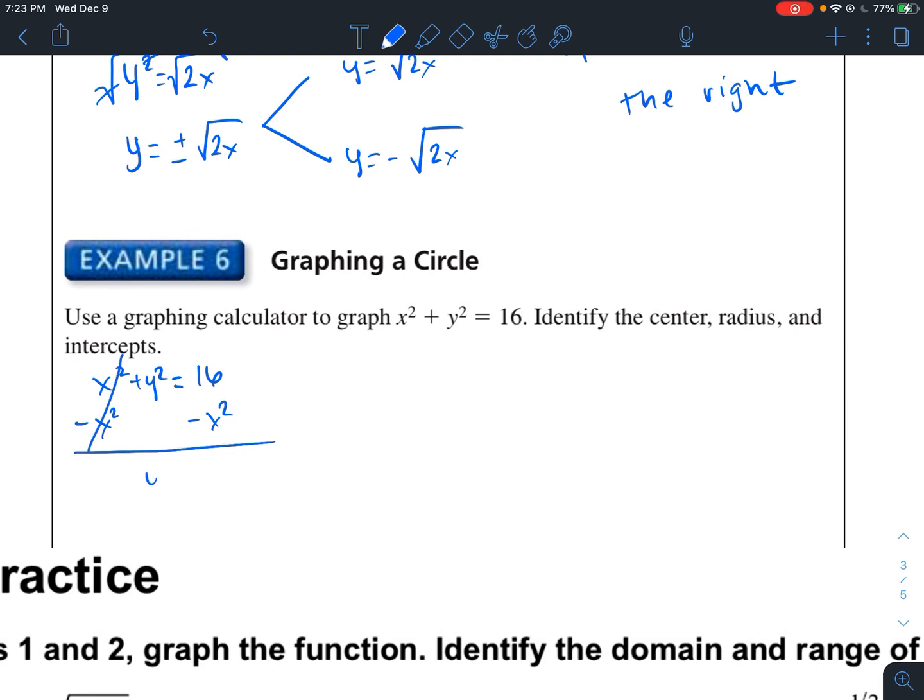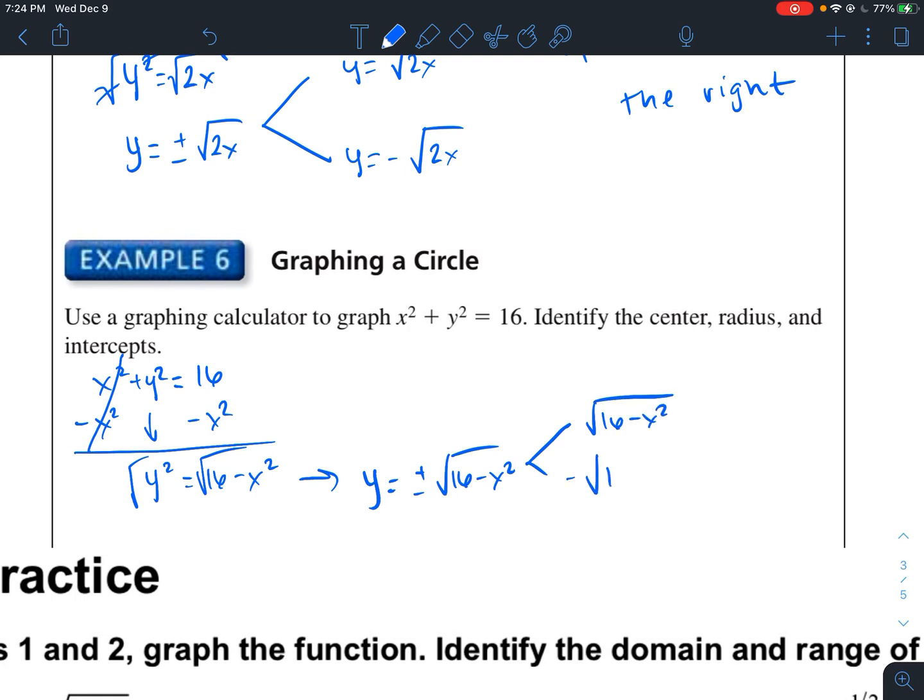Here they'll cancel, and I'll be left with y squared equal to 16 minus x squared. Now I can take the square root of both sides, remembering that I get both positive and negative when I take the square root. So I get plus or minus the square root of 16 minus x squared. So this is going to be the square root of 16 minus x squared, and negative square root of 16 minus x squared.